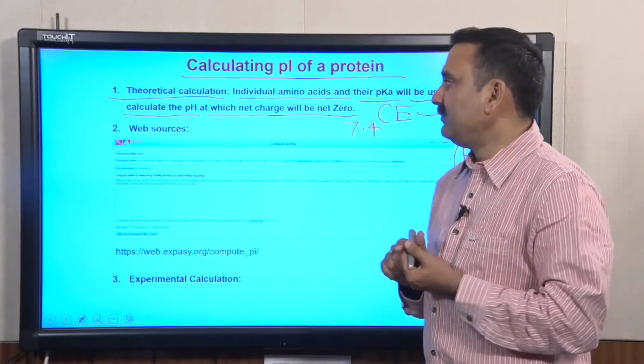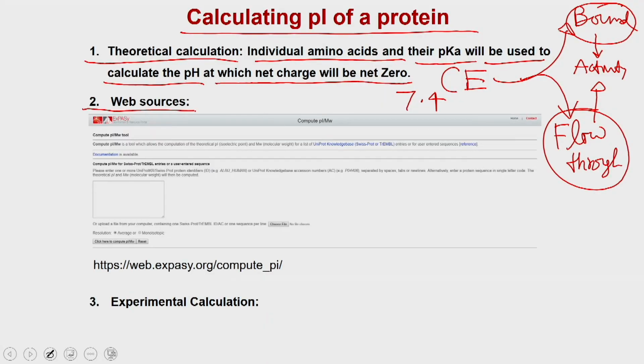The second source is the web source. There are multiple web sources people are using. One example which I have shown is the Expasy website. The link is given here. You can use this to calculate the pI values as well as the molecular weight of the protein. In this block you provide the amino acid sequence of the protein, and then you ask the web server to calculate the pI as well as the molecular weight.